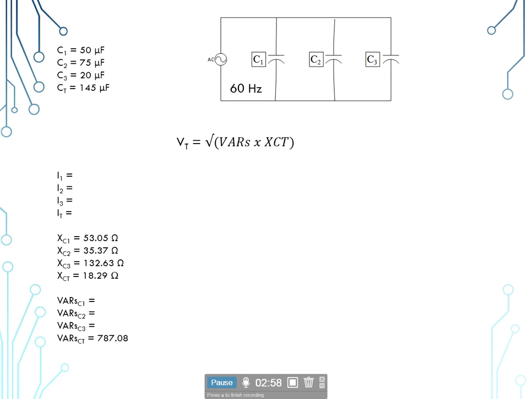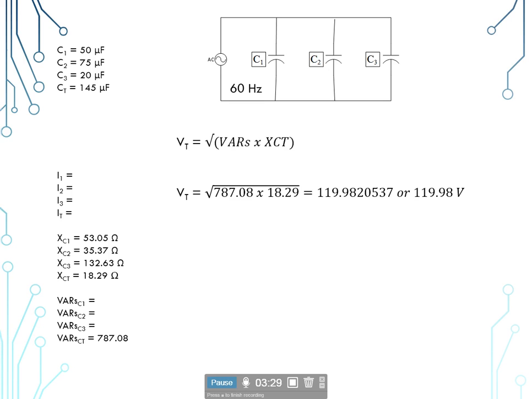And so for our V sub T, our total voltage, we have to do a little bit of a twist. It is basically Ohm's law, but because we have the power, we have to use one of the formulas from the big 12 wheel. So our total voltage will be equal to the square root of, open the parentheses, VARs times our X sub C total.